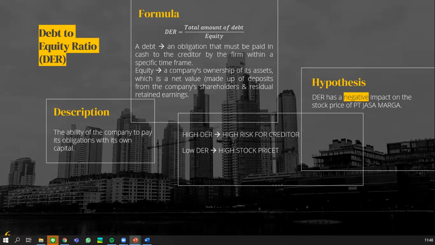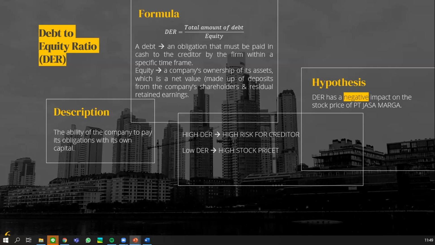A debt, also known as a liability, is an obligation that must be paid in cash to the creditor by the firm within a specific time frame. Meanwhile, equity is a company's ownership of its assets, which is a net value, and equity is made up of deposits from the company's shareholders, as well as the company's residual retained earnings.